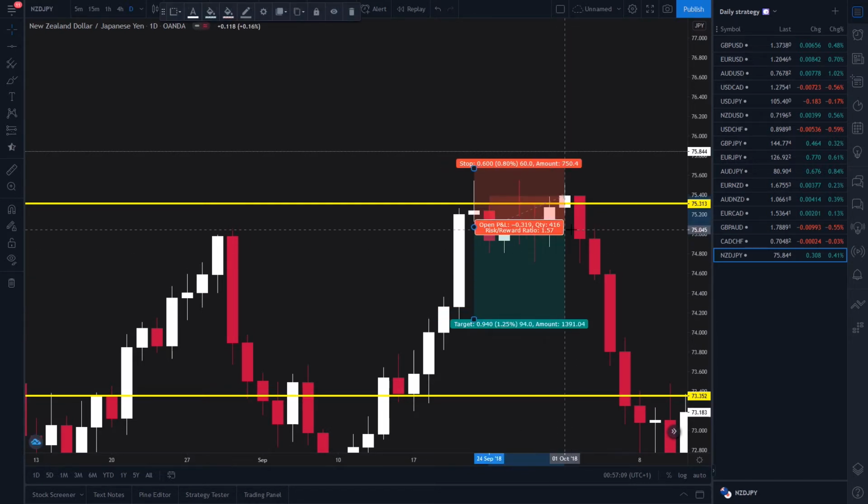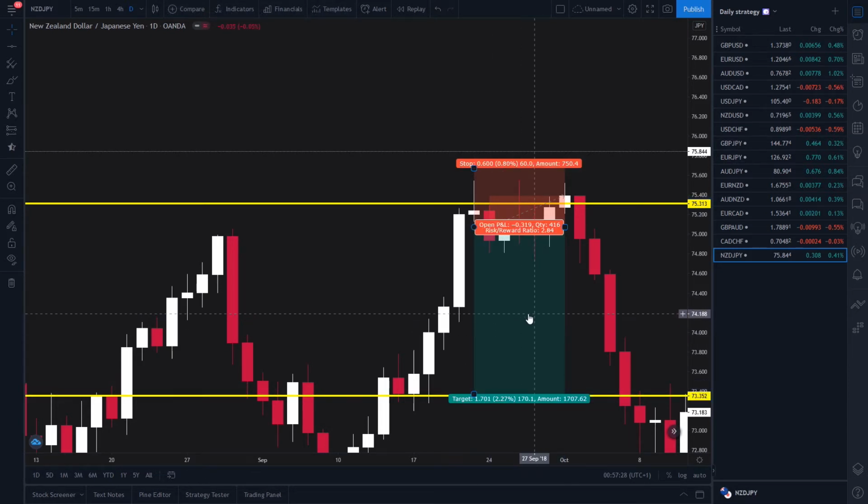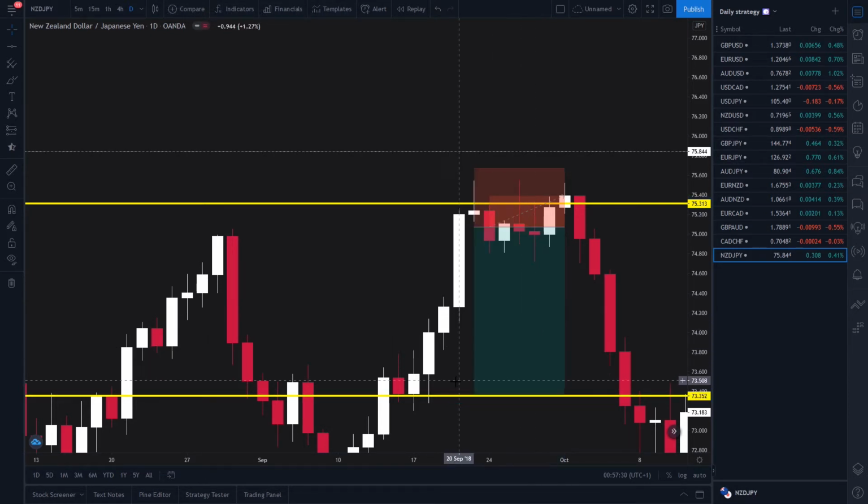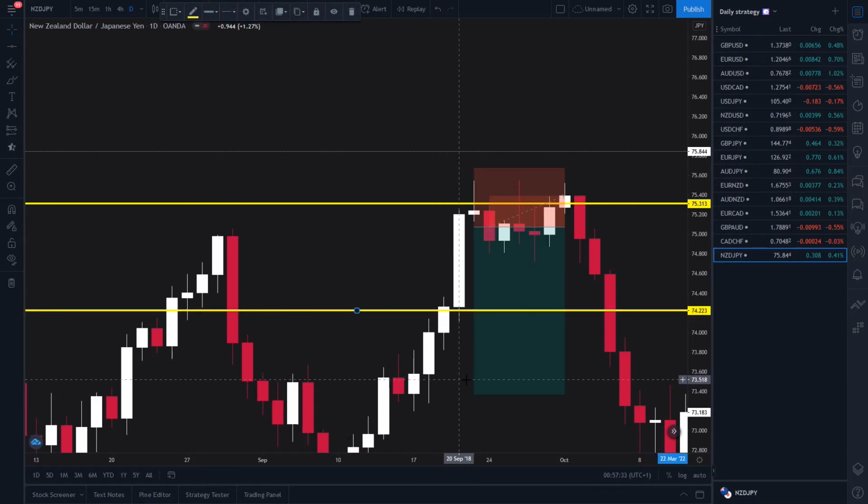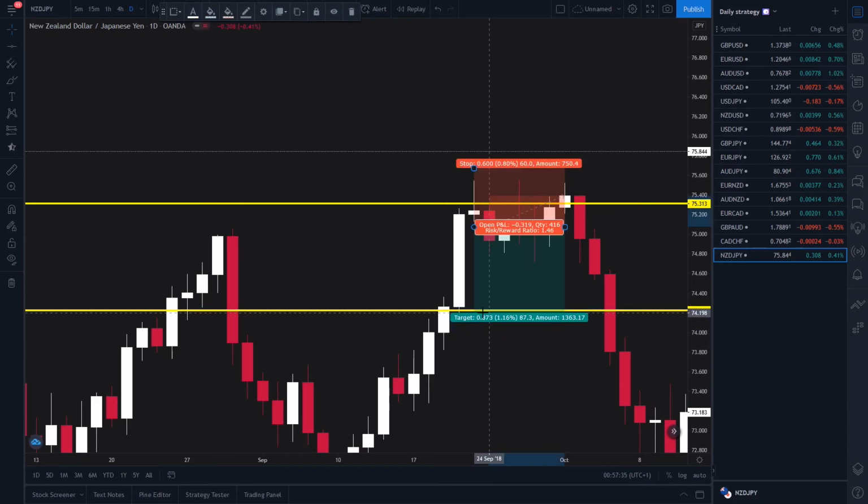And if our trade will not give us a 1.5 risk ratio, we will not enter the trade, because our profits are mostly set at the nearest zone of interest. So this will be my setup for this trade. But if the zone is higher and this trade won't give me at least a 1.5 risk ratio, I will not enter the trade.